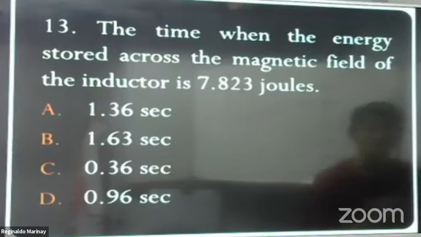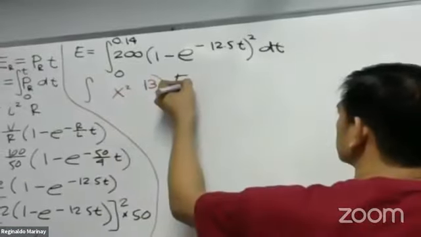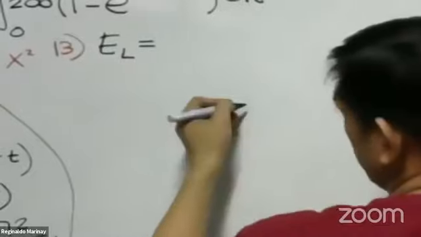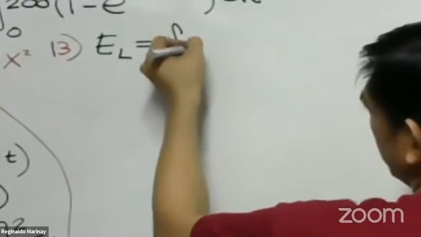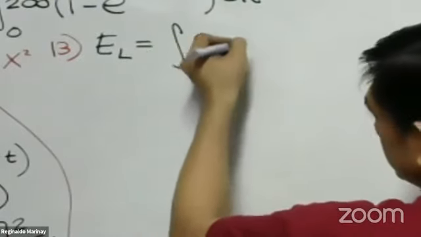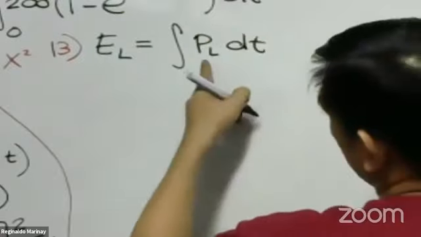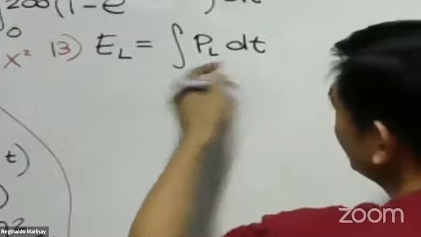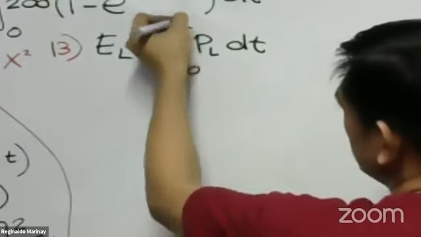Energy stored in the inductor is equal to the integral of PL dt, from 0 to t.